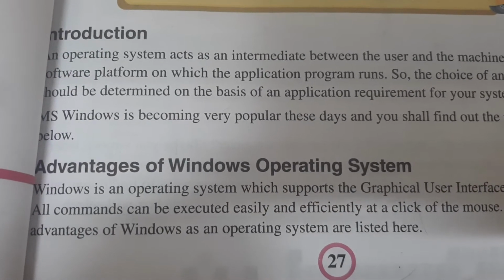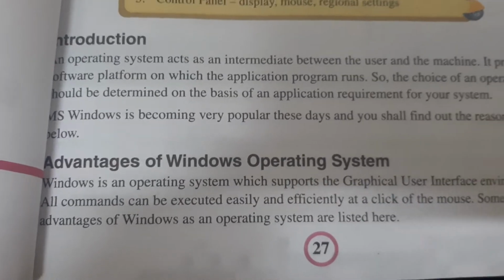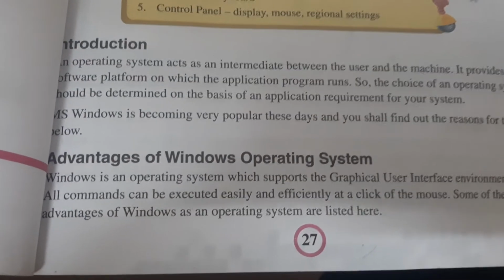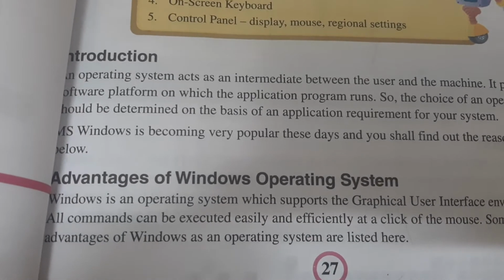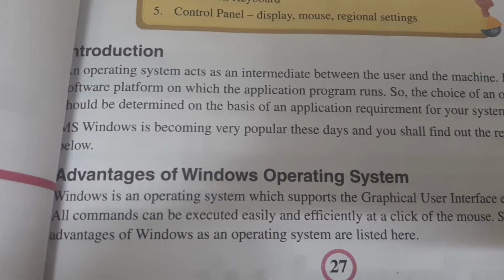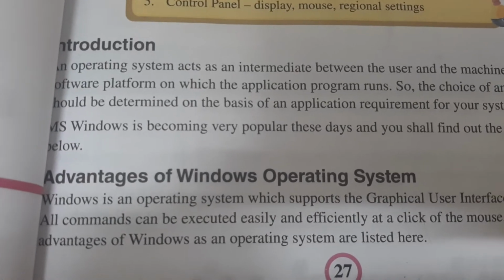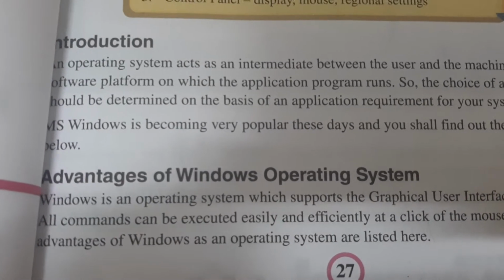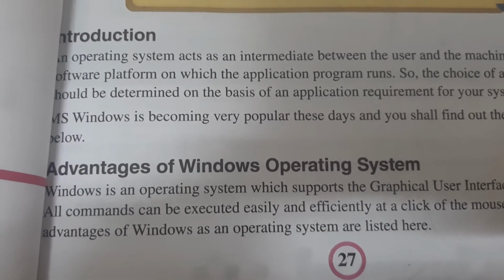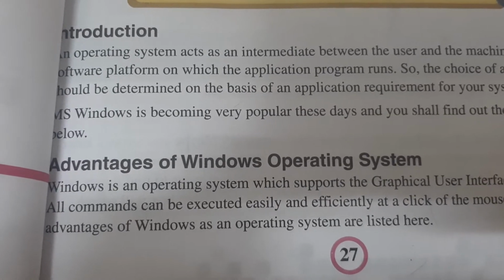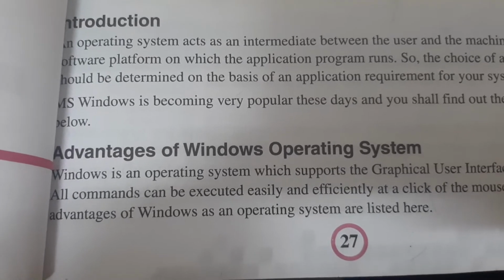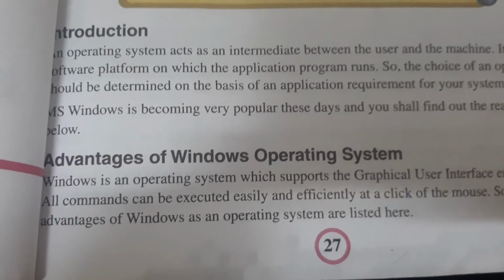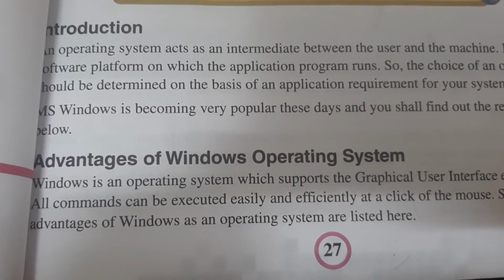Windows is an operating system which supports the graphical user interface environment. What is graphical user interface? In graphical user interface, you have a graphical environment. You just have to click on the graphics. All commands can be executed easily and effectively at a click of the mouse.